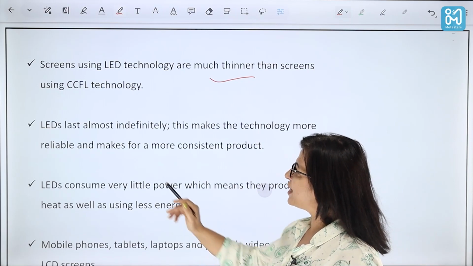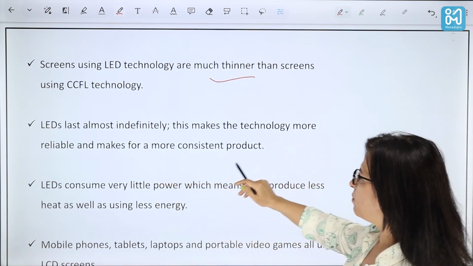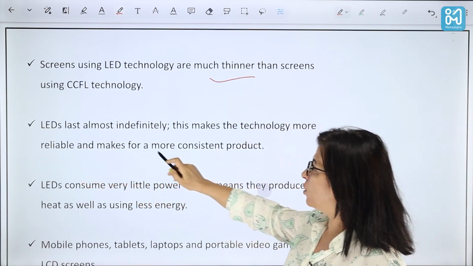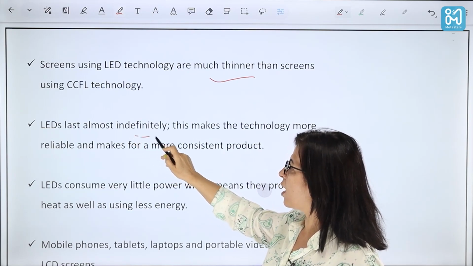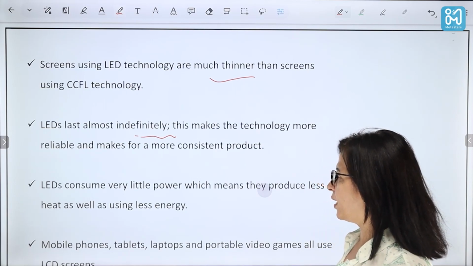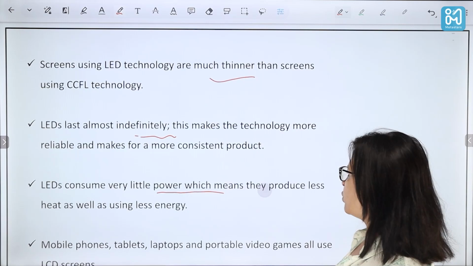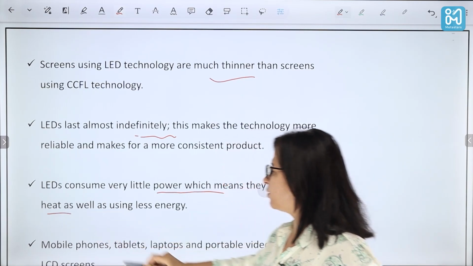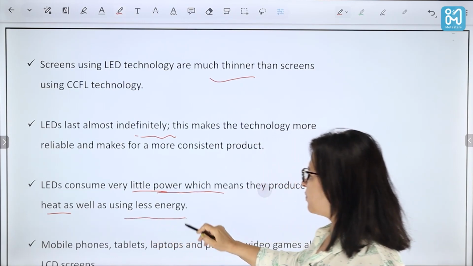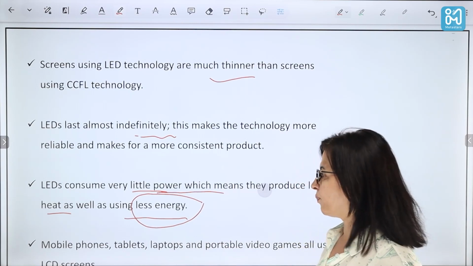LED lasts almost indefinitely. This makes the technology more reliable and makes for a more consistent product, while the fluorescent lamp has a limited lifetime. LEDs consume very little power and produce less heat, which means less energy, and this is considered a very important issue.